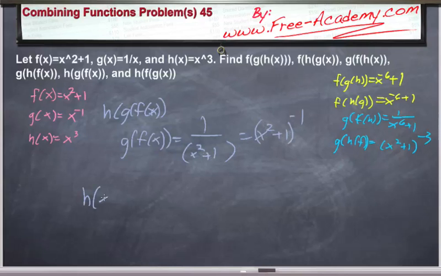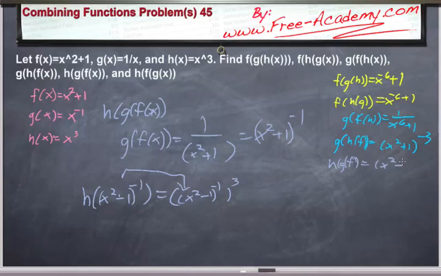To find h of x squared plus 1 to the negative 1, h of x is x to the third, so we write our parentheses to the third, and we put our value in. We get x squared plus 1 to the negative 1 raised to the third power. So h of g of f of x is equal to x squared plus 1 to the negative third power. Sorry, these are plus 1s, that was my mistake.